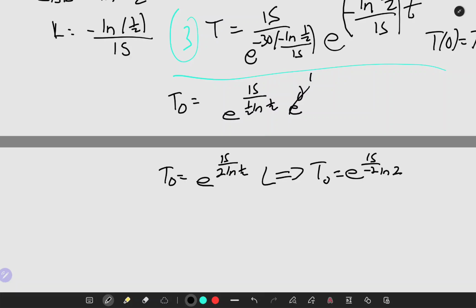Sorry about that. Keep making mistakes here. 15 over 2 natural log of 2. Oh, negative 2 natural log of 2. And I get, still not getting the right answer.